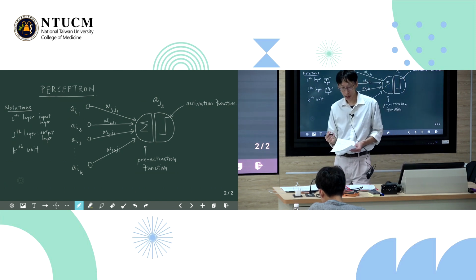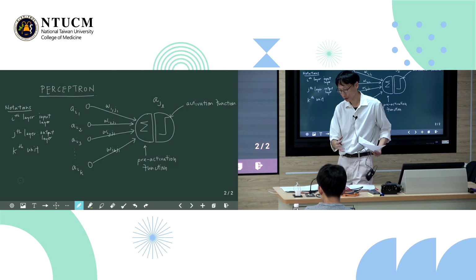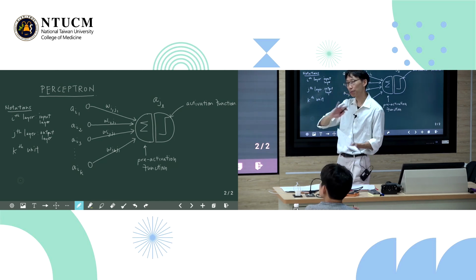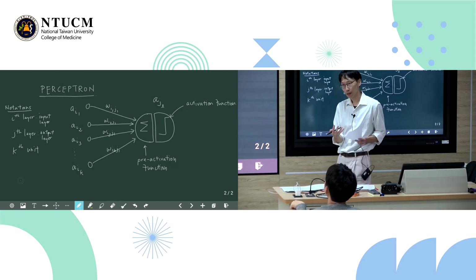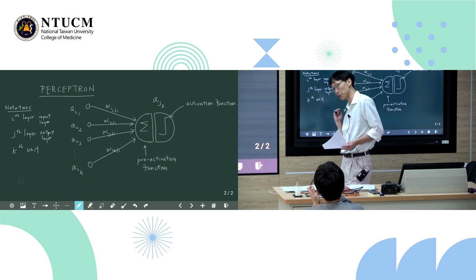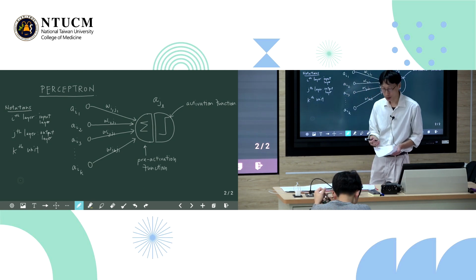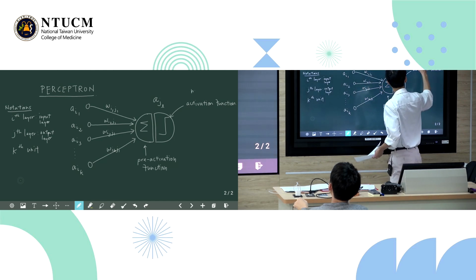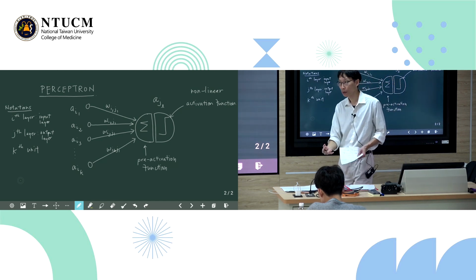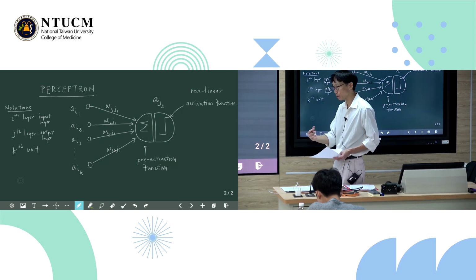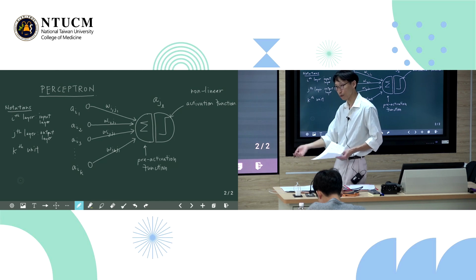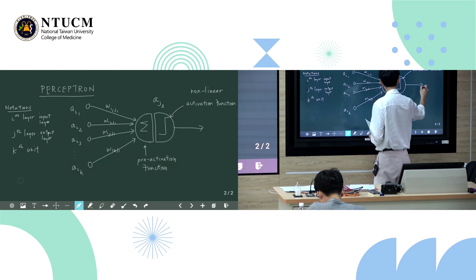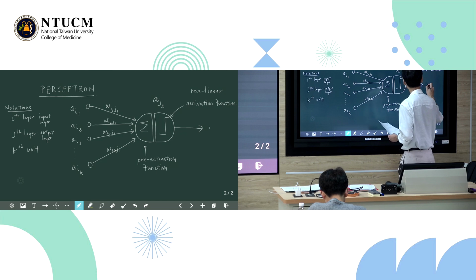So in other words, an output neuron, or output node, is actually bifunctional. It receives input and then operates on it using a pre-activation function, in this case a summation. And then after that, it applies an activation function, which is usually a nonlinear one. And we'll talk about that a little bit later. A nonlinear one which will transform the pre-activation value into some other activation value. And that is what goes out as the output signal.